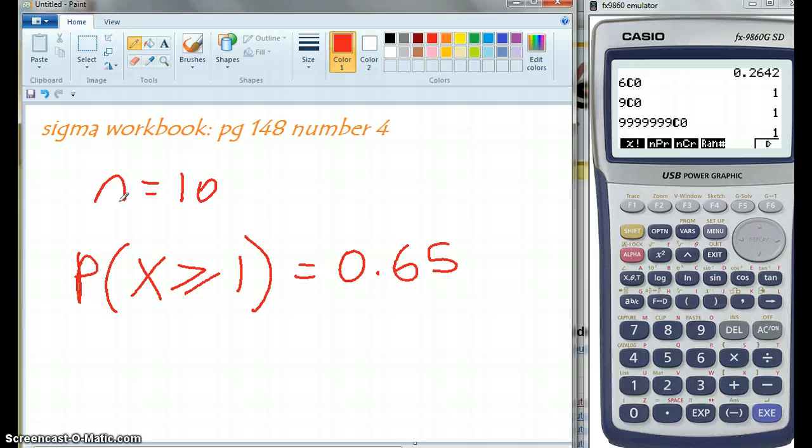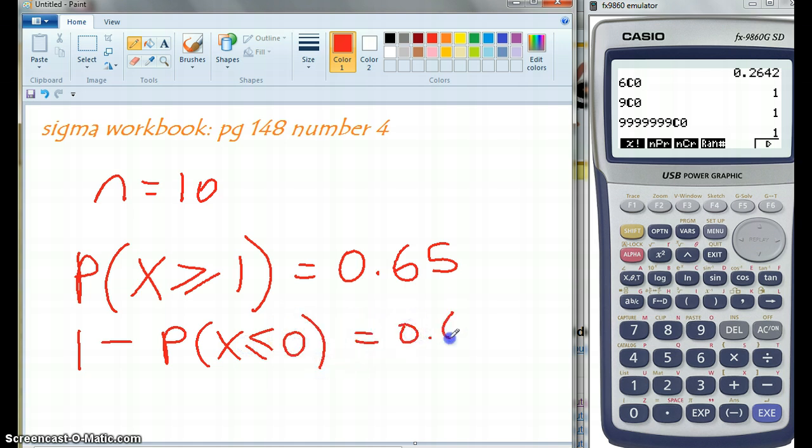Calculate the probability that any given router is faulty on one day, assuming that the number of faulty routers has a binomial distribution. So we're given this. We know that 1 minus the probability of x being less than or equal to 0 equals 0.65. That's okay?